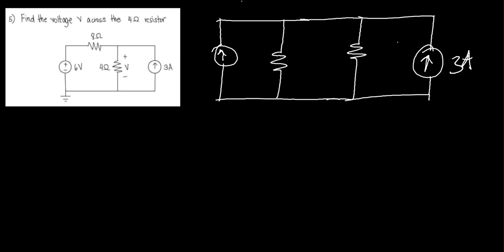Here this current will be equal to 6 on 8 amps, and this resistor will remain 8 ohms, and here is 4 ohms, and it is the voltage that we are looking for. So we can find the equivalent Norton current source. We are going to add the 2 current sources, all in parallel with the 2 resistors.